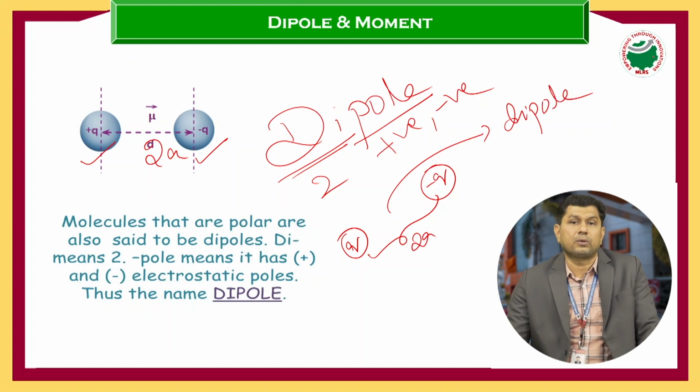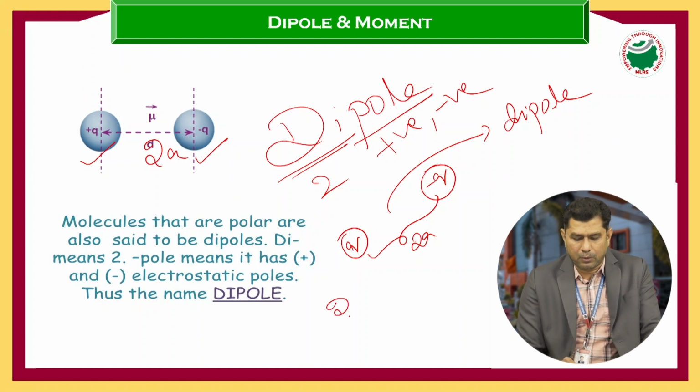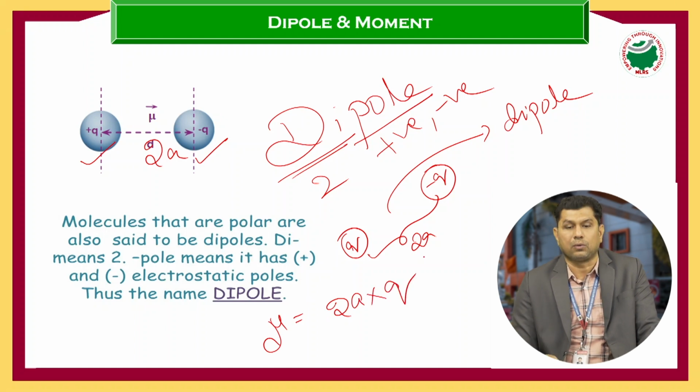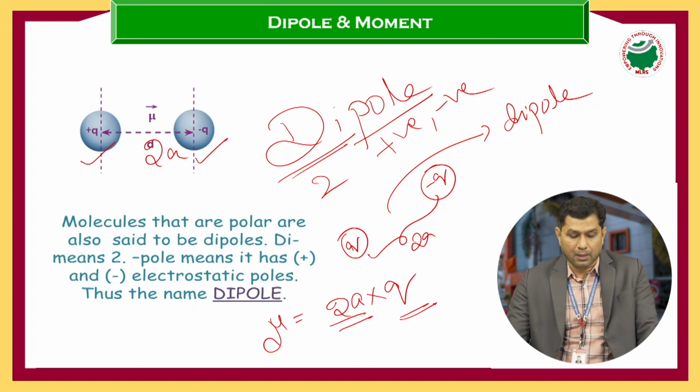Next, we will discuss the dipole moment. What is the dipole moment? The dipole moment is denoted by mu. Mu is nothing but 2a times q. What is 2a here? 2a is the distance between the charges. What is q? q is the magnitude of the charge. How will we define the dipole moment?